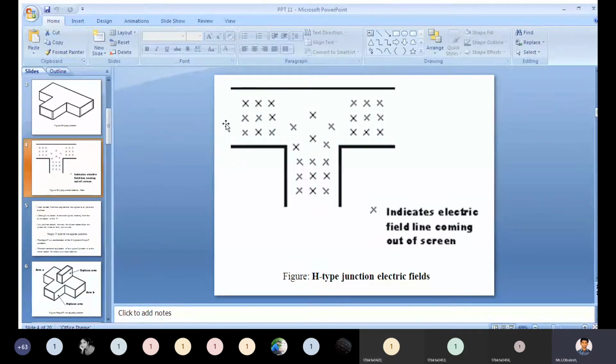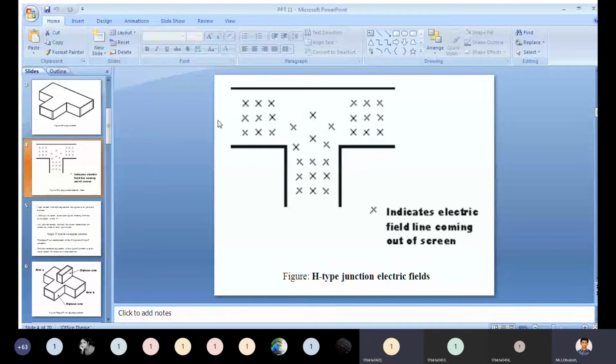Let us assume this is the entry port, then the remaining two ports will be considered output or exit ports. If this is the input port, you assume the other two are exit ports.